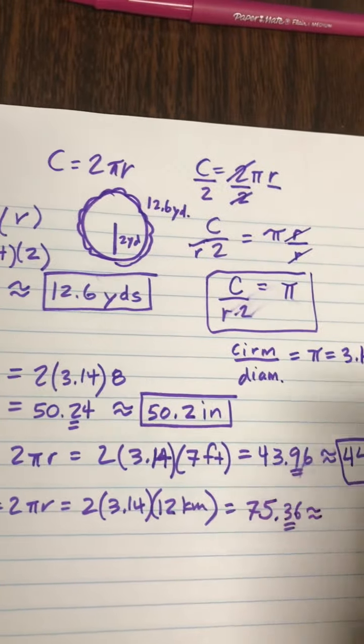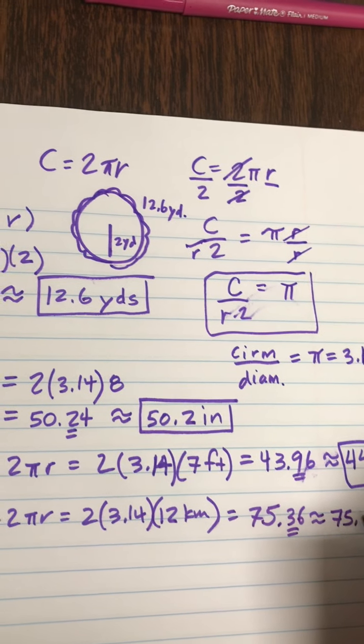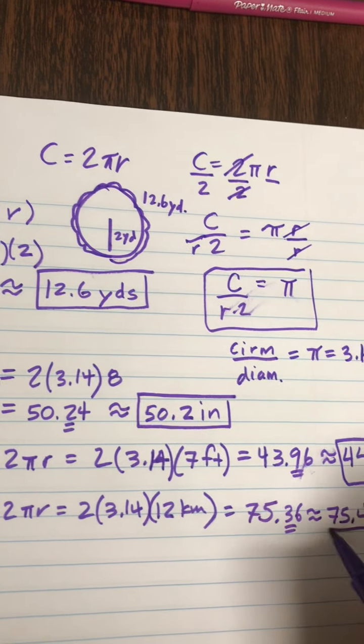Here I have to round the 3 up to a 4, 75.4 kilometers.